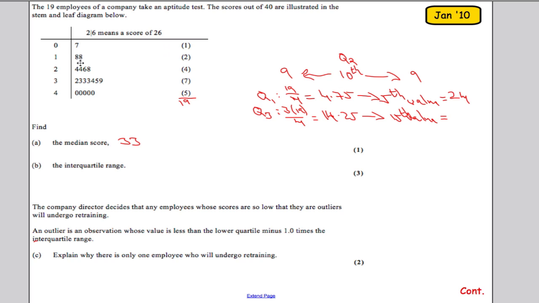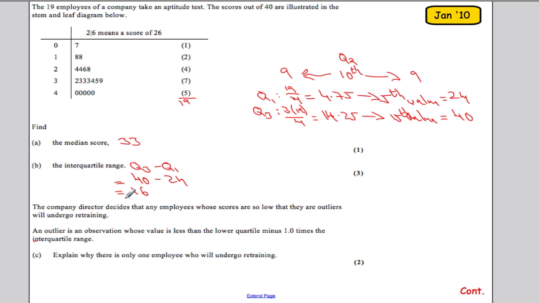Counting along, 1, 2, 3, 4, 5, 6, 7, 8, 9, 10, 11, 12, 13, 14, 15. So the 15th value is 40. So the interquartile range is Q3 minus Q1, which is 40 minus 24, which is 16.